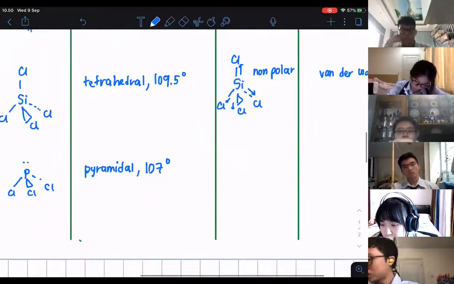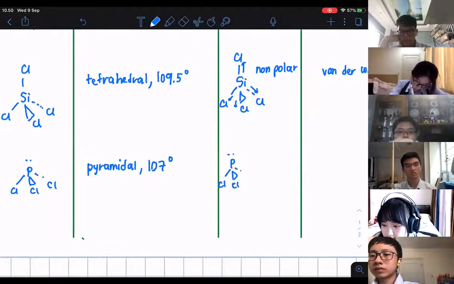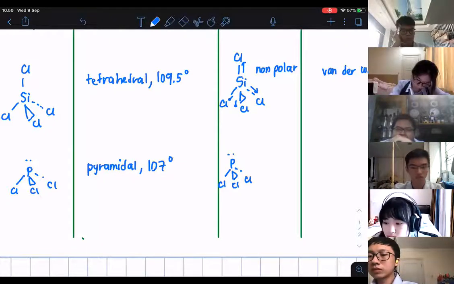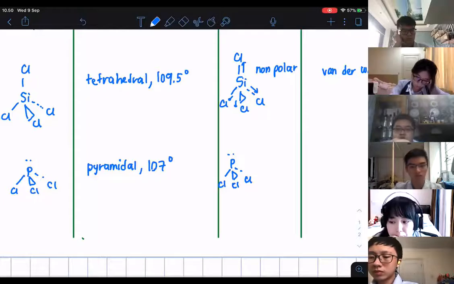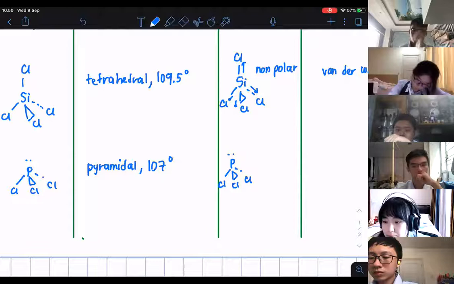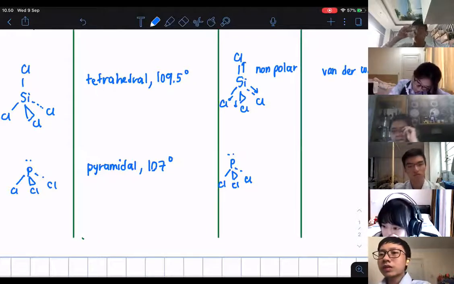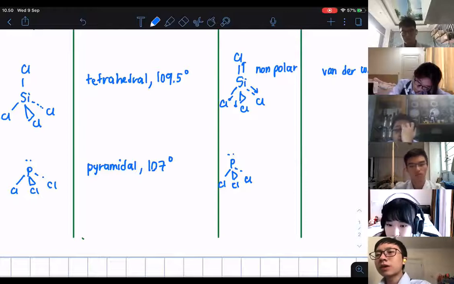So here, the moment we see this molecule is not symmetrical, we can say that, compared to phosphorus and Cl, which one is more electronegative? Ryan, which one do you think is more electronegative? Chlorine.